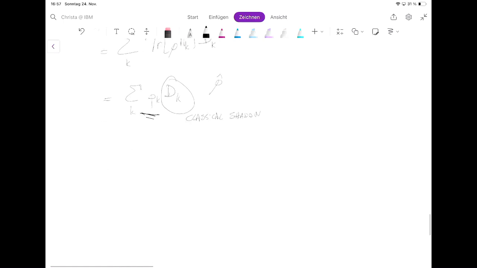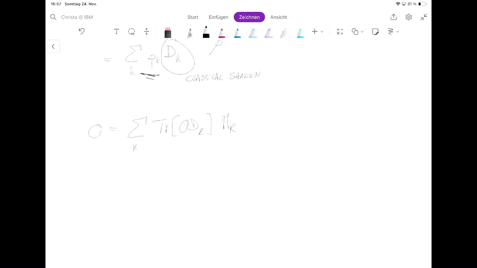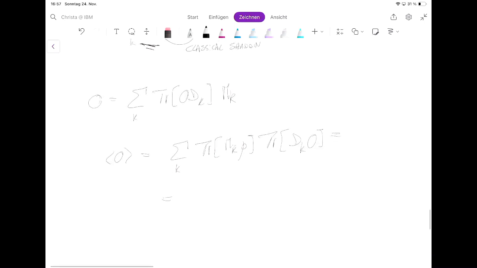Indeed, if I use what I did before, where I wrote O as a linear combination of these, and now take the expectation value, this is basically this. And this is, again, a probability distribution, and this is an estimator, a collection of estimators.